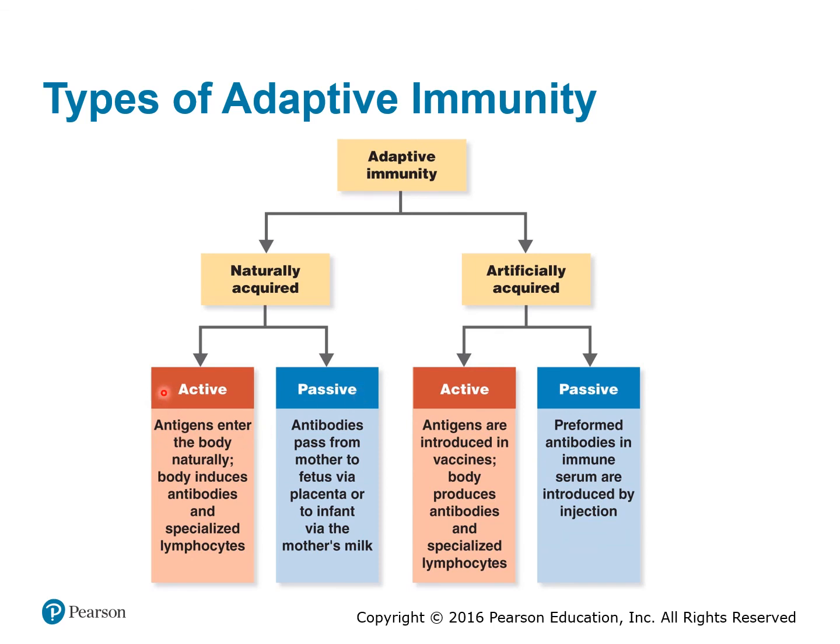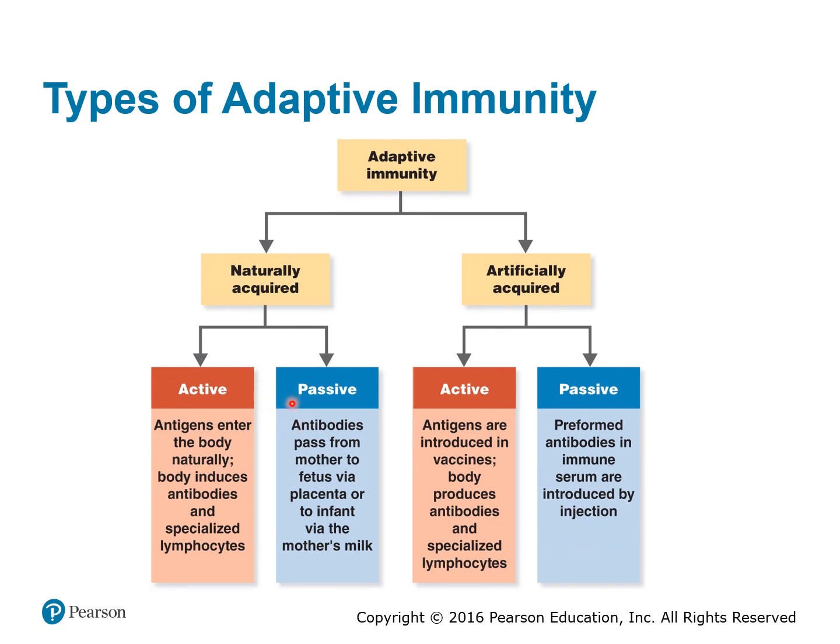How can you naturally acquire an immunity against a certain pathogen and create your own antibodies? If you get sick. So if you get sick, like you've contracted a certain infection, then your body is going to actively start making its own antibodies and its own memory cells.